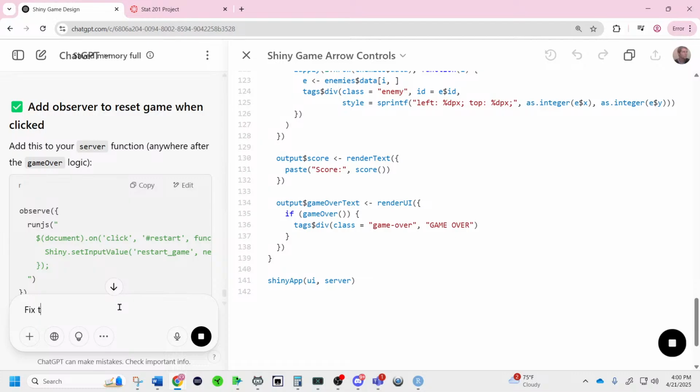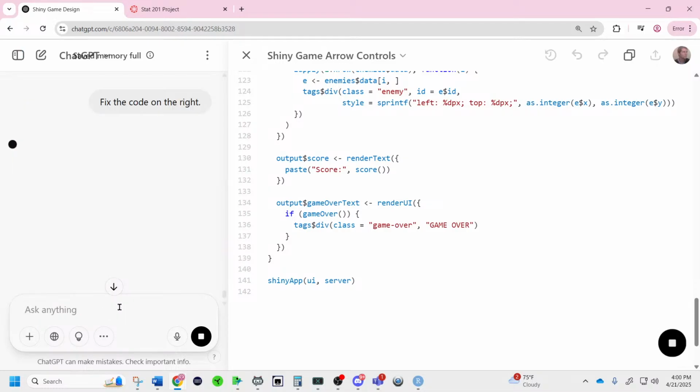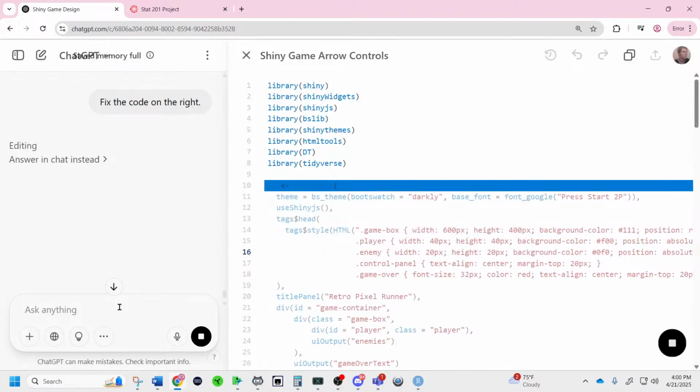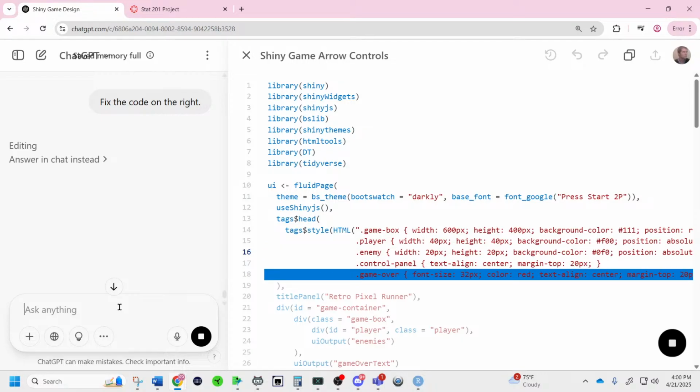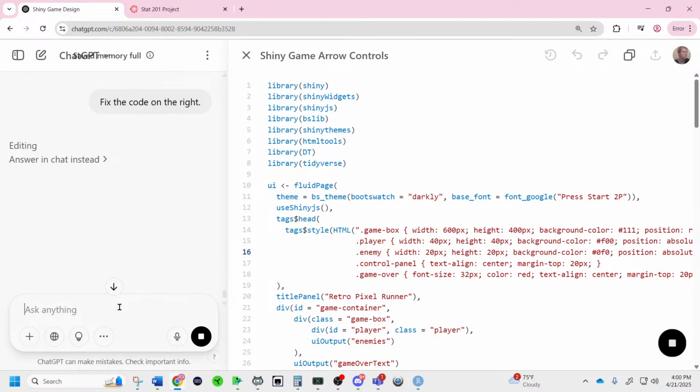No. All right, fix the code on the right. Let me grab a snack. Oh, still fixing it.